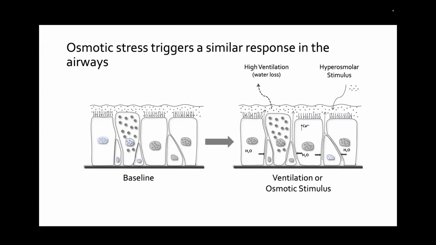In the hypertonic saline challenge, the last dose is 8 minutes of breathing hypertonic saline, so you go longer in time, whereas the mannitol challenge is a dry powder capsule and you just have a higher dose each time.